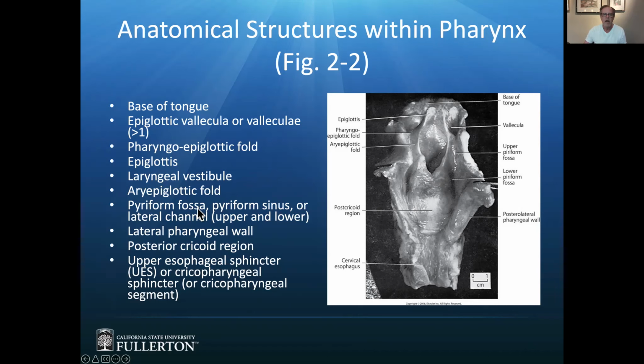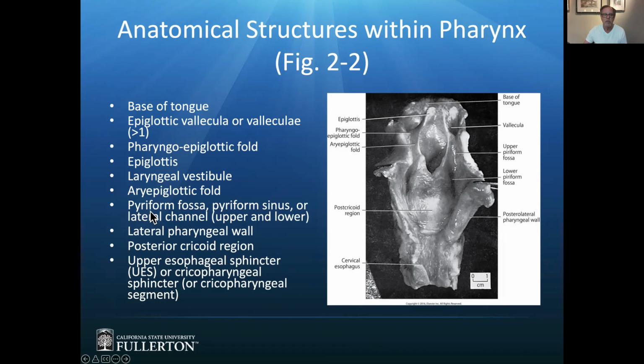Now, this particular photograph of a real structure shows what I wanted to show, mainly why I used this photograph, to give you a good impression of this region, which is not a structure, but a space, called several different things. Some people refer to it as the lateral channels.